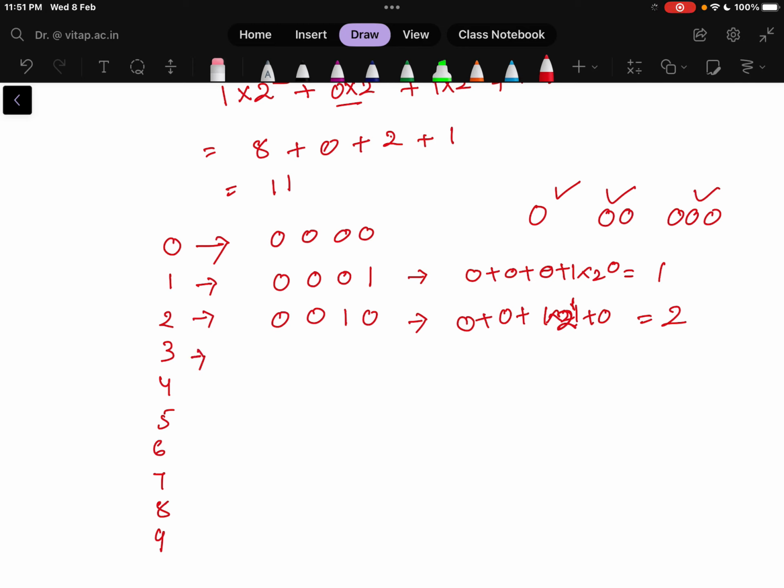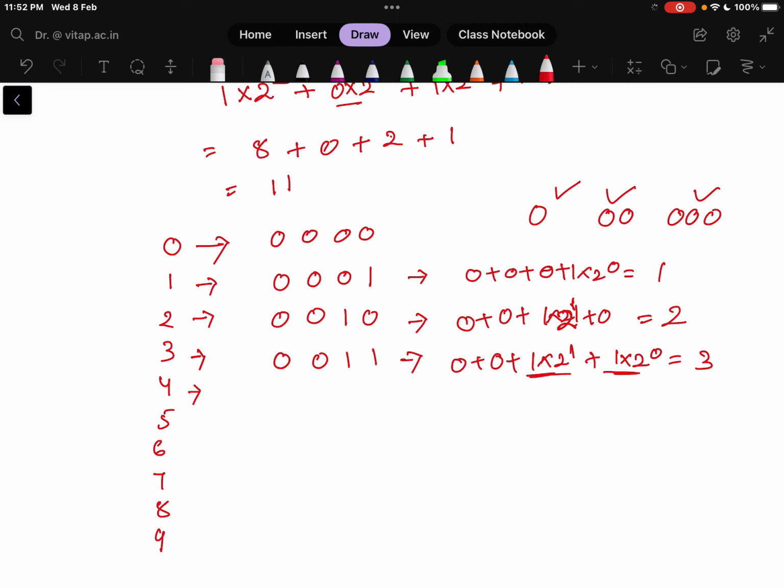What is the value of 3 now? 0 0 1 1. Then I will tell you the trick to remember this. It is 0 plus 0 plus 1 into 2 to the power 1 plus 1 into 2 to the power 0, which equals 3. This is 2 and this is 1, so the value is 3.